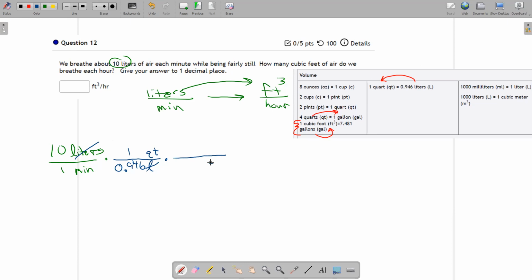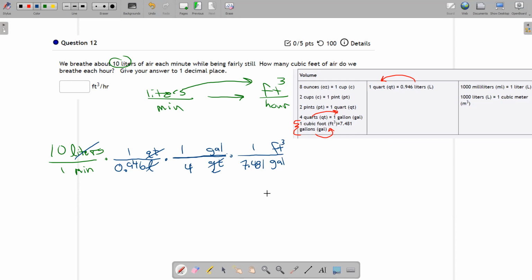So to get rid of quarts, we put quarts down below, gallons here, and 4 quarts is in a gallon. So quarts are now gone if I divide by 4. So that's the important part. And then to get rid of gallons, put it in the opposite position, and change to feet cubed, or cubic feet. And 1 cubic foot is 7.481 gallons.